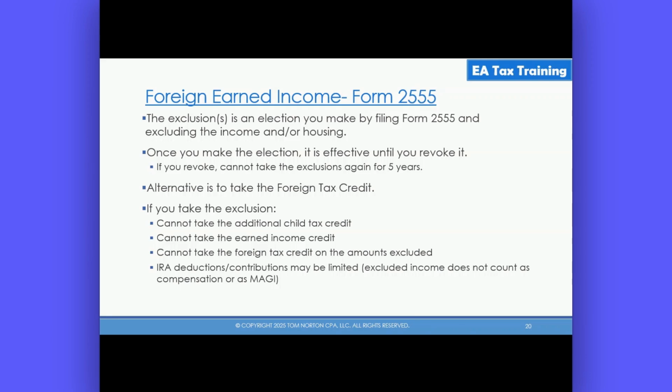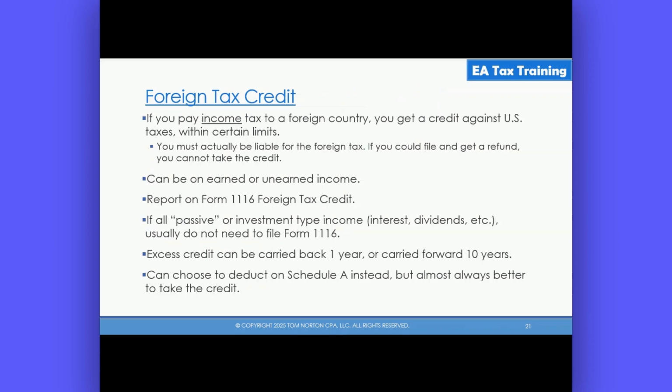So when you look at all these things, you have to look at your own or at your client's own particular circumstances to see, would it be better to exclude it or would it be better instead to take the foreign tax credit? So now let's talk about the foreign tax credit.